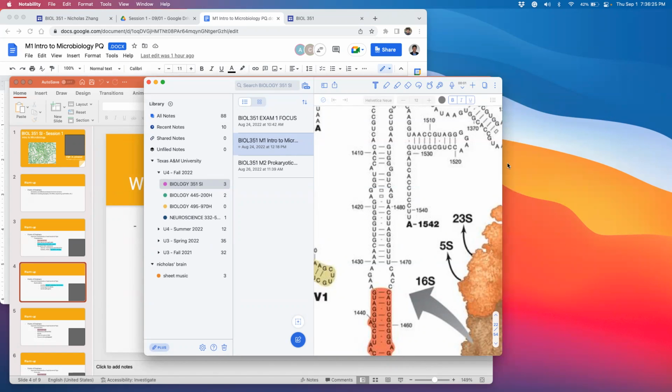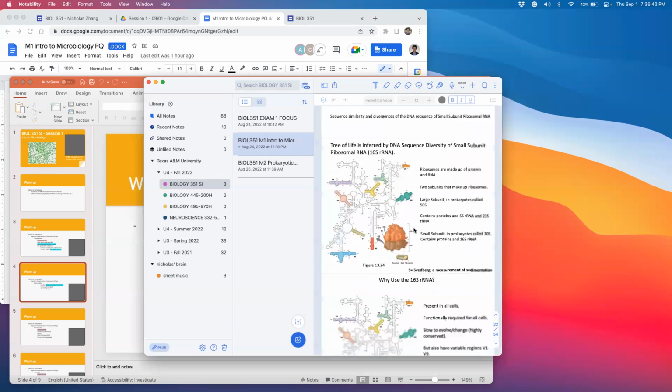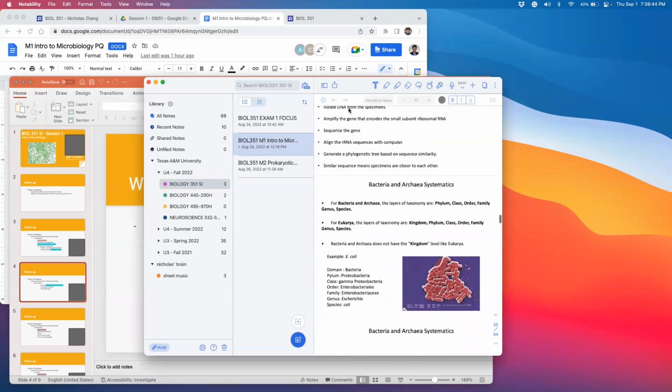For enteric bacteria, do we need to know specifically that it's in the gamma proteobacteria? Probably. He made his own slide on talking about gamma bacteria.